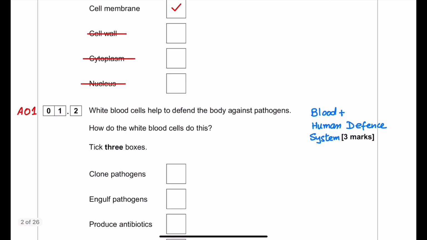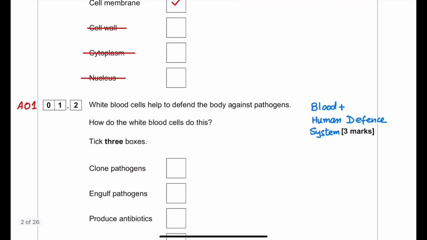If we look at part number 2, which is also an AO1 question: white blood cells have to defend the body against the pathogens. How do the white blood cells do this? Tick 3 boxes from the given options.